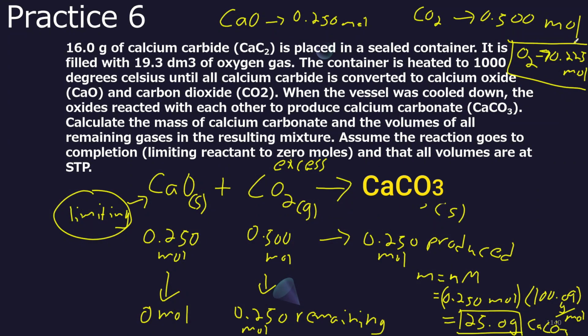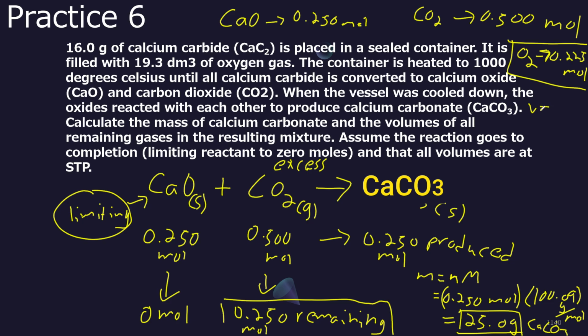Then CO2, we have that 0.25 is remaining. And so we need to change these moles into volumes. If we want to know for O2, we can use that the volume is equal to the moles times the molar volume.